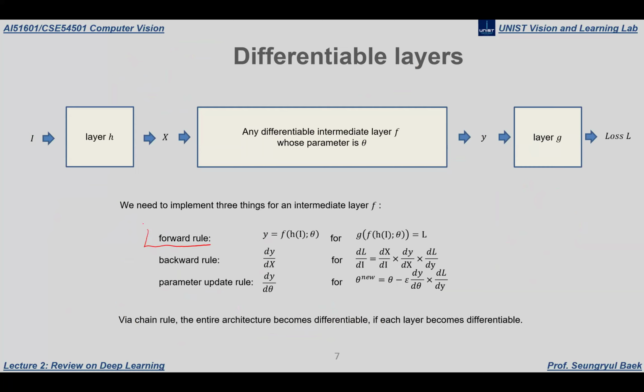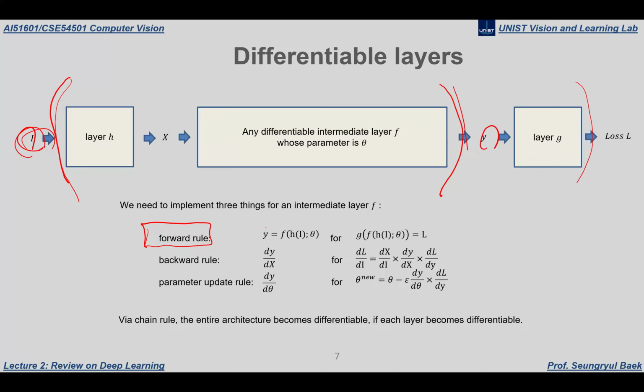So the forward rule: given deep learning architectures, this is drawing some deep learning architecture, and this is the input image I. In the previous slide we called the input X, but here, because it is an image, we usually use I as the abbreviation for input image. So sometimes we use I or X. This is the output of the deep learning architecture, Y again.